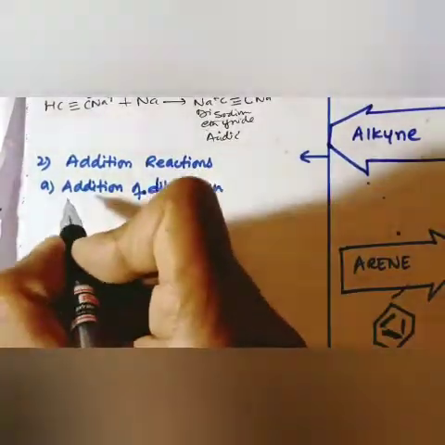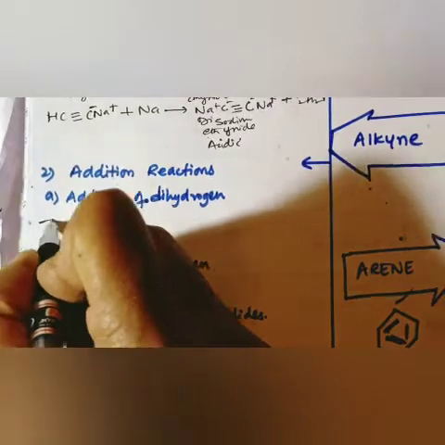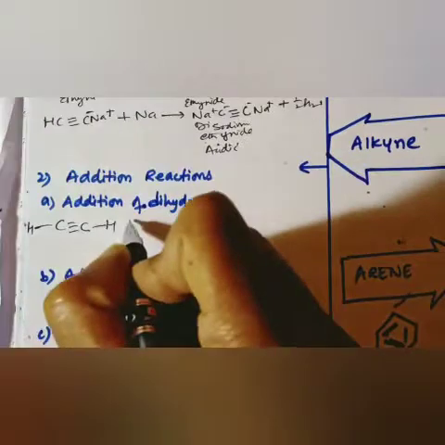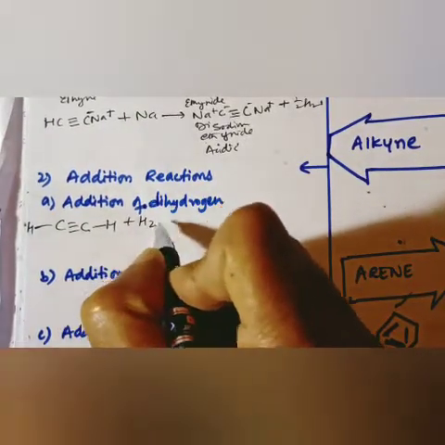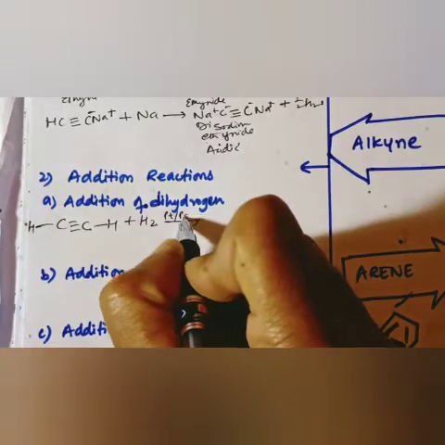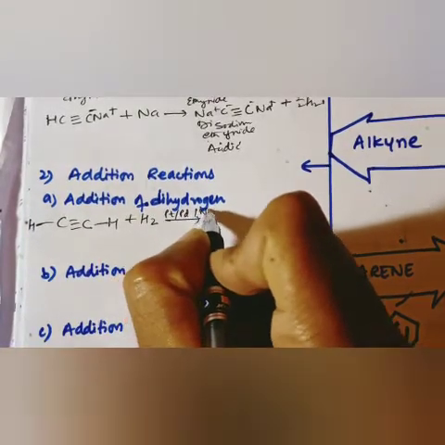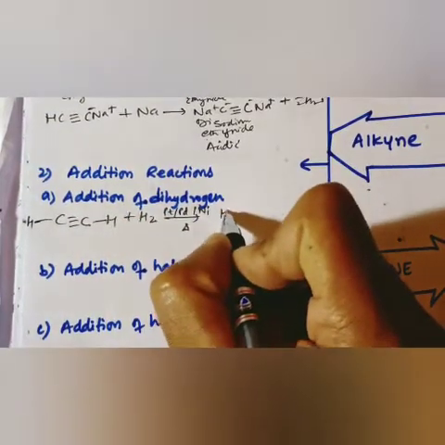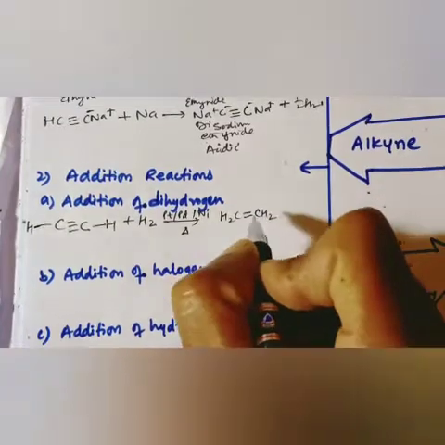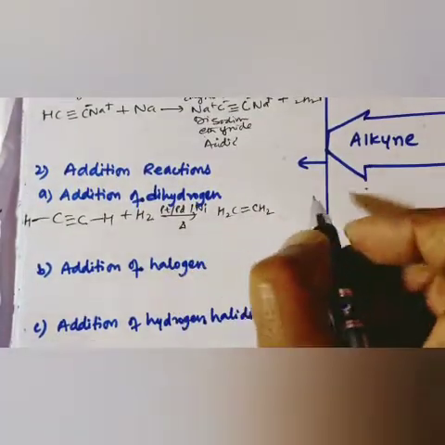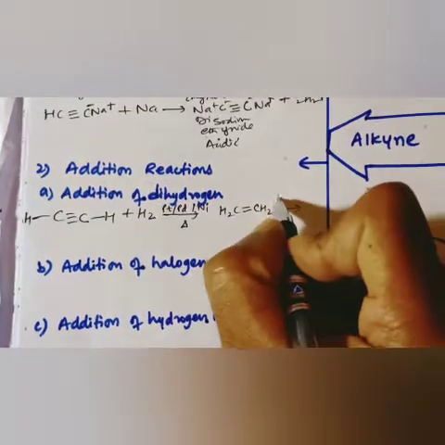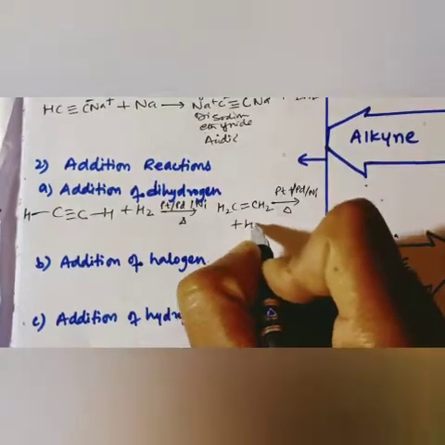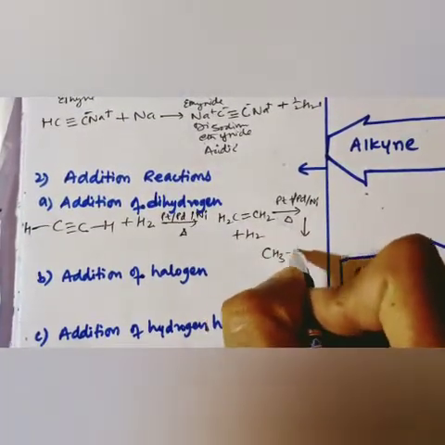First is addition of dihydrogen, which we have already studied. When it reacts with H2 in the presence of catalyst Pt, Pd or nickel, on heating the triple bonded carbon will convert into double bonded carbon, and when it further reacts, it will convert into single bonded carbon, that is CH3.